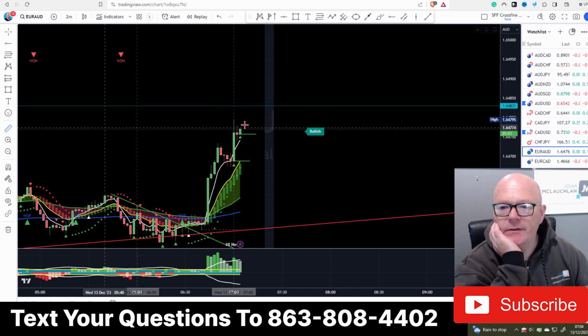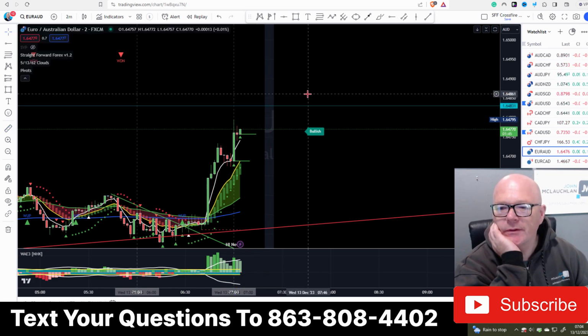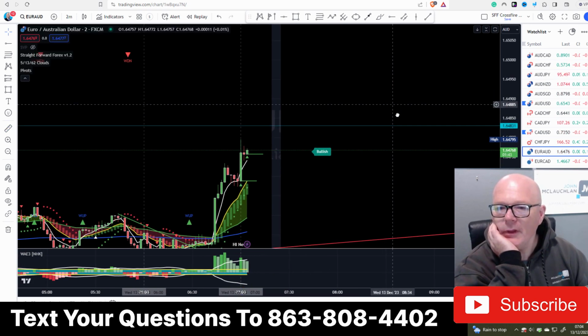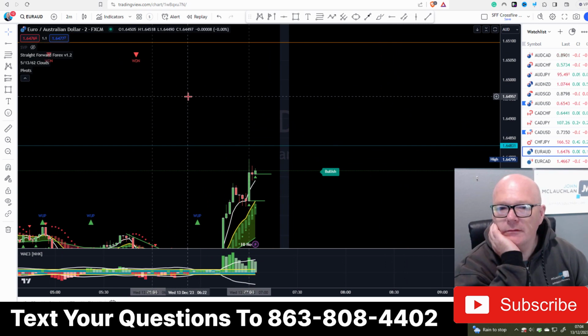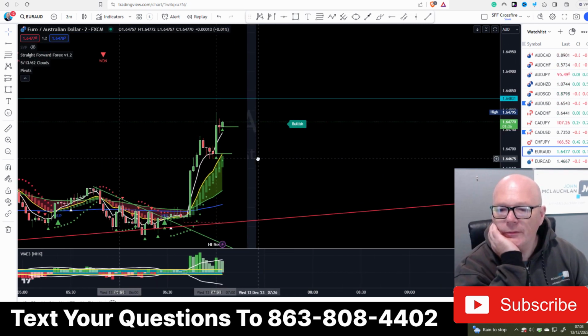So if we were to get into this trade, what have we got to play with? Around 6 pips or so. And then from there we've got the higher highs, and then we've got the pivot. So it's potential, that one.